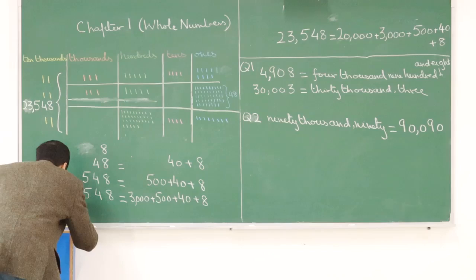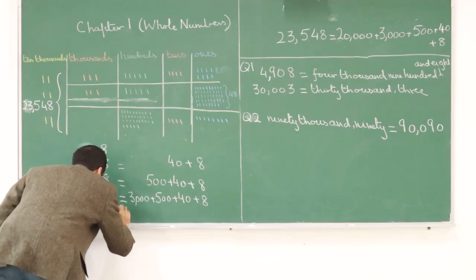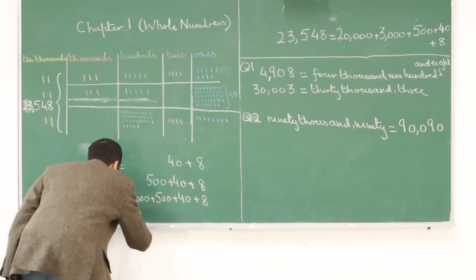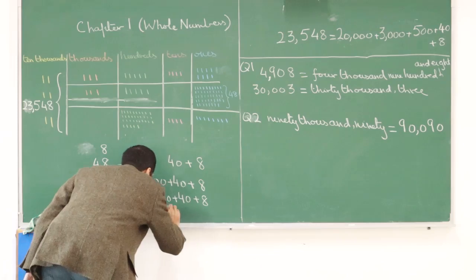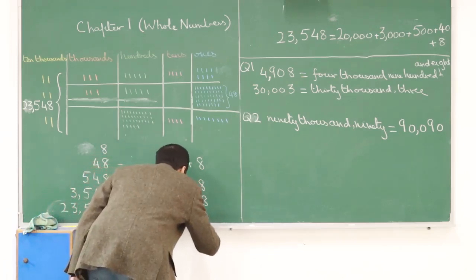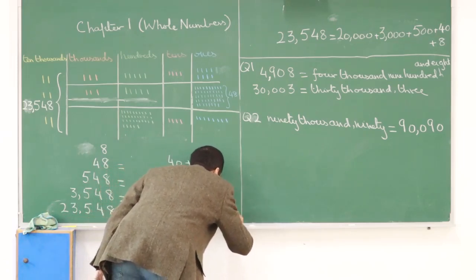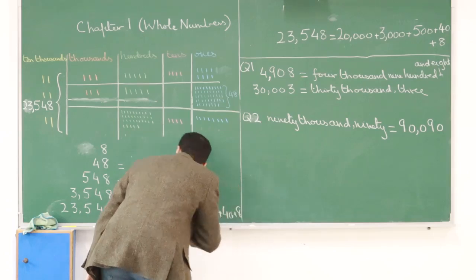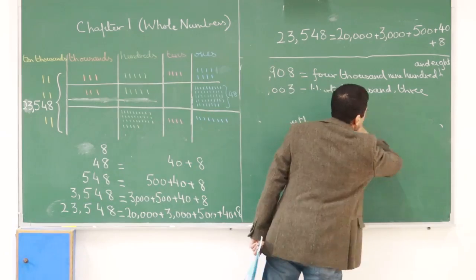So let me write 23,548 is equal to 20,000 plus 3,000. I just want to erase that part. Plus 500 plus 40 plus 8. Okay, so now let's do some more questions.